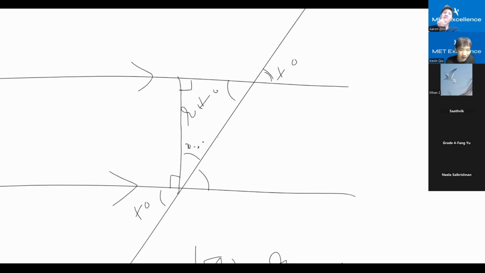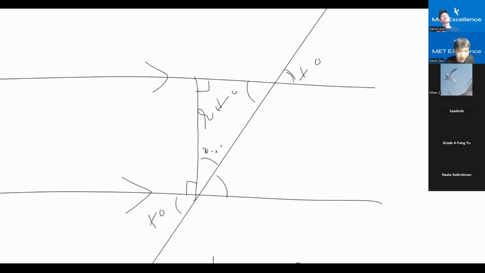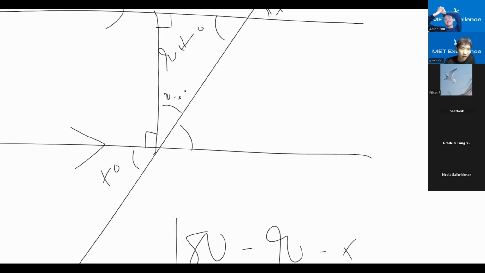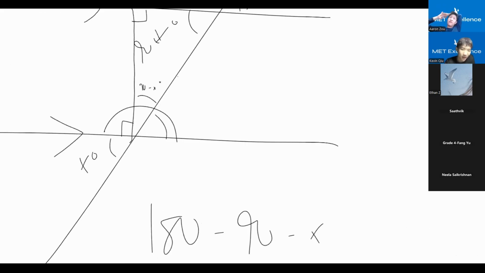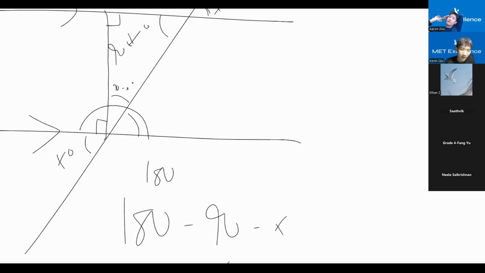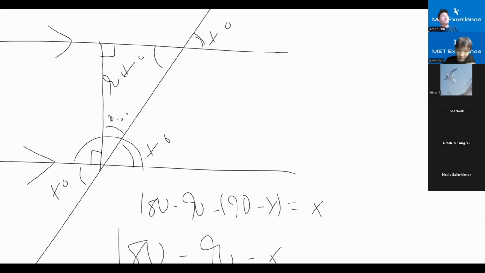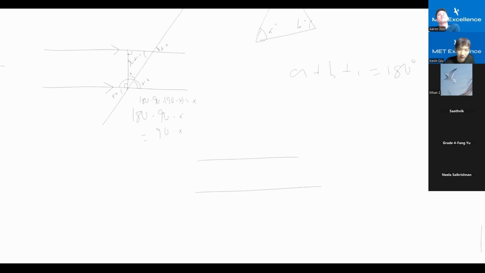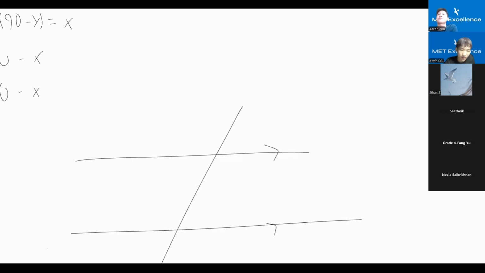So anyways, this is 90 degrees. And so this whole thing has to be 180 degrees as well. So this angle must be 180 degrees minus 90 minus 90 minus x. And we see that this is just x degrees. So this is alternate interior angles. I'll restate it again. If you have these two parallel lines, this angle is equal to this angle.